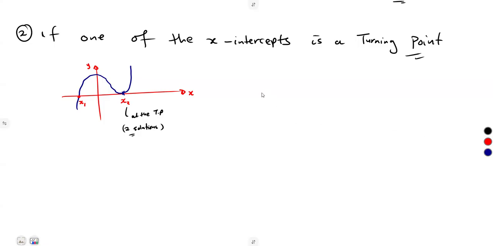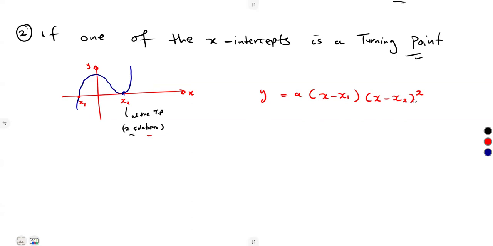So when you have in your equation, it is going to be a into this one. Just take it as it is, x minus x1. But where there is a turning point, where we've got two solutions at that point, you must square the bracket. So it's x minus x2 squared, because there are two solutions there.